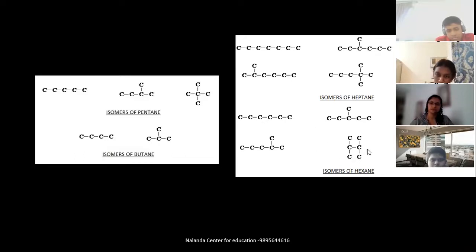All the structures of hexane. Because that is what an isomer is about, no? What are the different possible structural combinations which can be taken by hexane? That is what isomerism is. So we should be drawing all the structures.